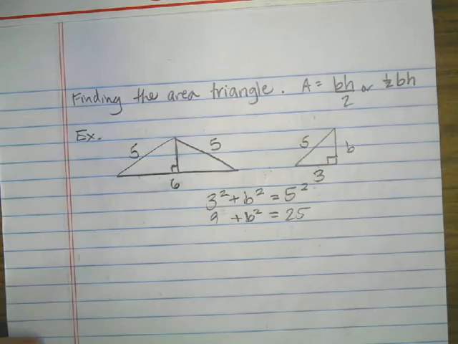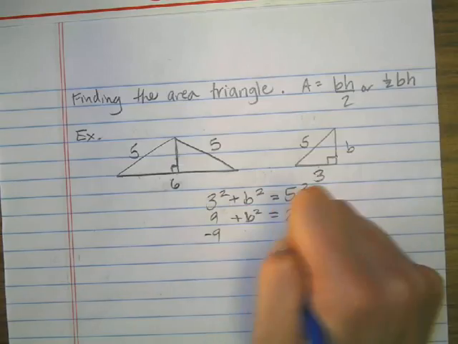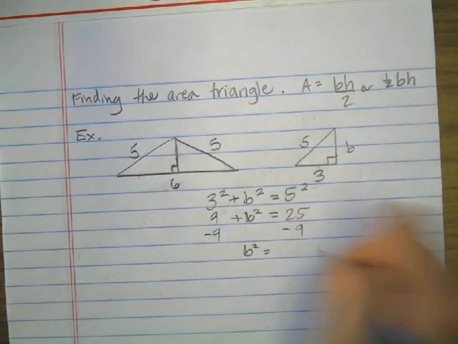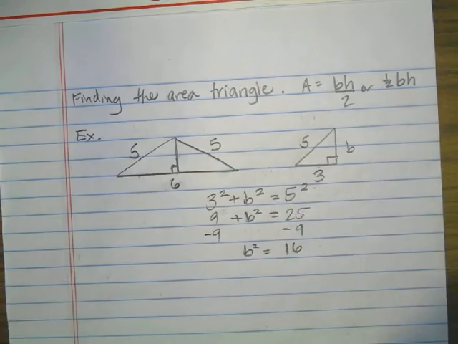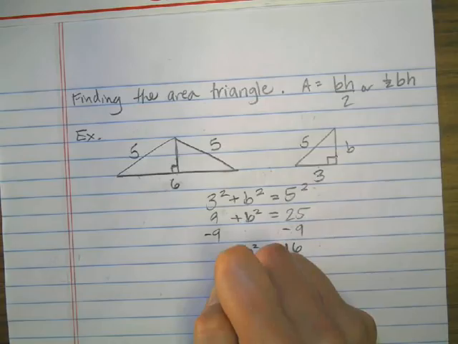They also give you 5, 12, and 13. That's another set. And again, if you multiply these by 2, 10, 24, 26, that'll work. If you multiply them by 3, 15, 36, 39, that would work until you had 5x, 12x, 13x. So they have another few on page 435 for you.